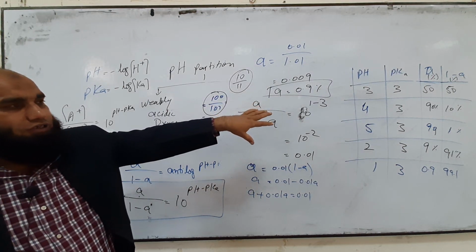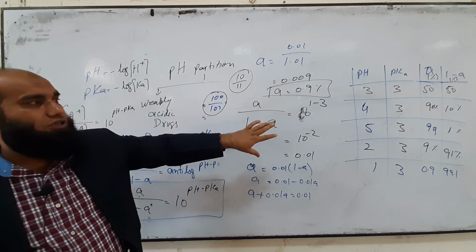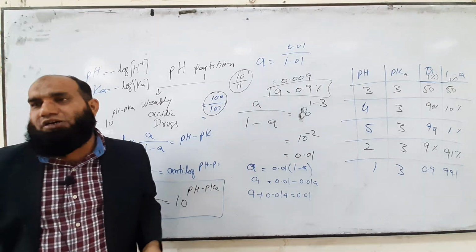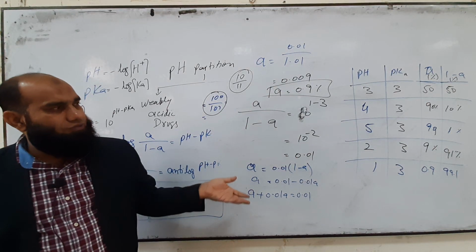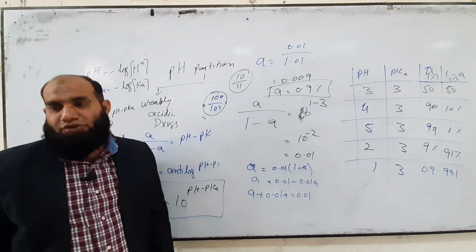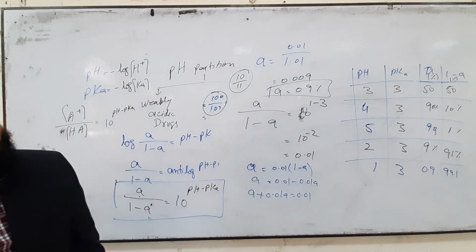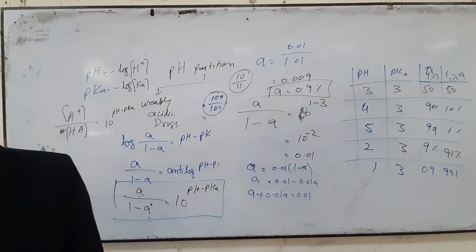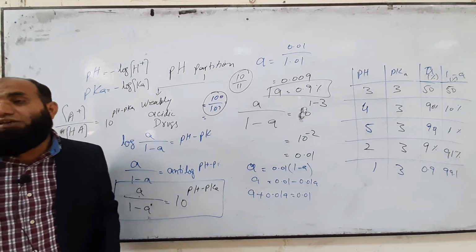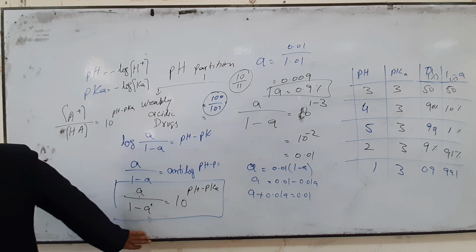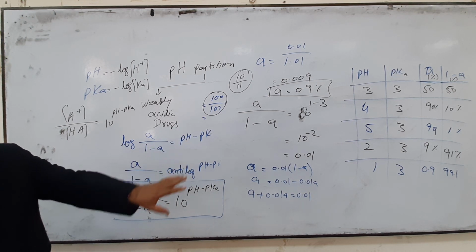When we get the difference of positive 1, 90% of the drug is in ionized form and 10% is in unionized form. And with the difference of positive 2, 99% is ionized form and 1% unionized. And with the difference of negative 1, means pH is 1 unit lesser than the pKa, then we will assume that 9% of the drug is present in the ionized form and 91% in unionized form. Means here the drug can show maximum absorbance.